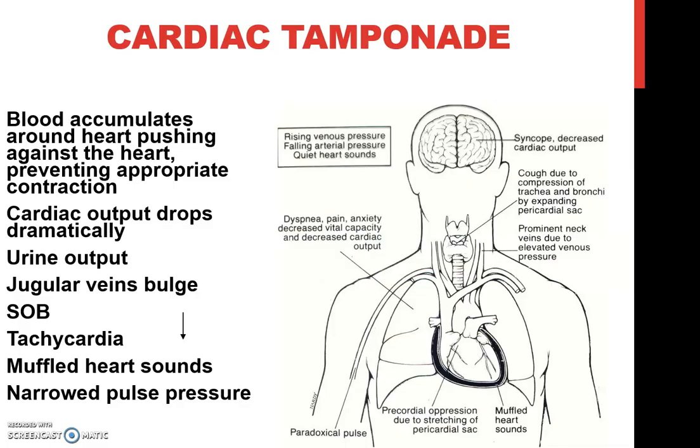Things are backing up into the systemic system, so you're going to see the neck veins, jugular veins bulge. They'll be short of breath, tachycardic, and have a narrowed pulse pressure. And what do I mean by a narrowed pulse pressure? We'll discuss that in class.